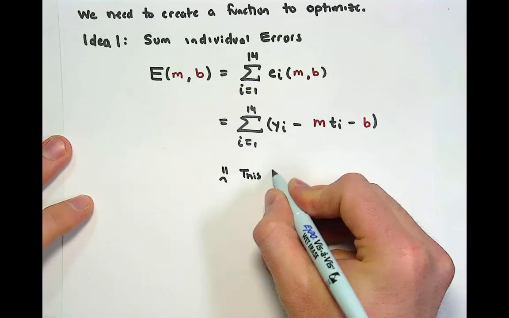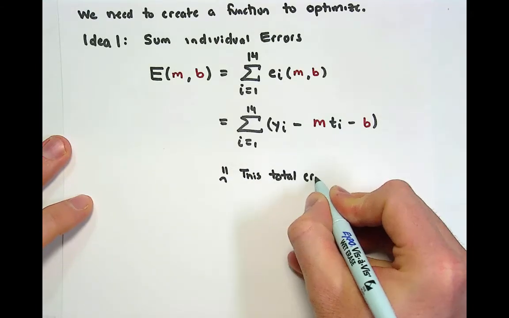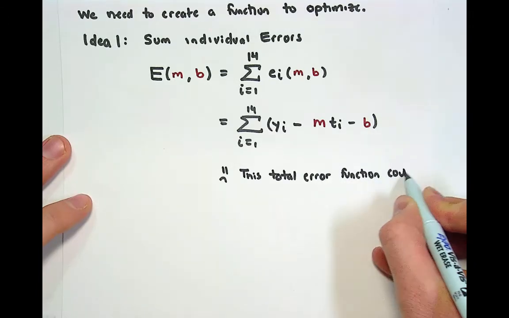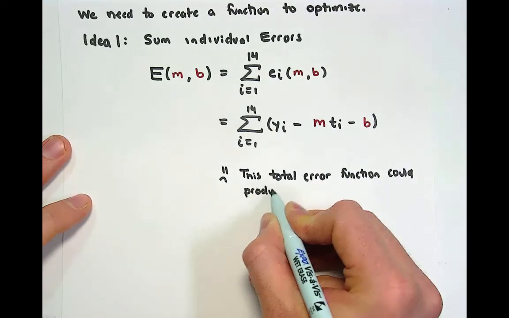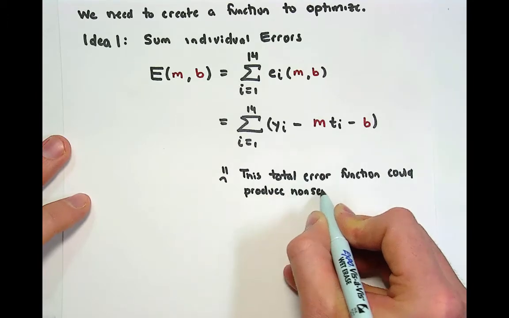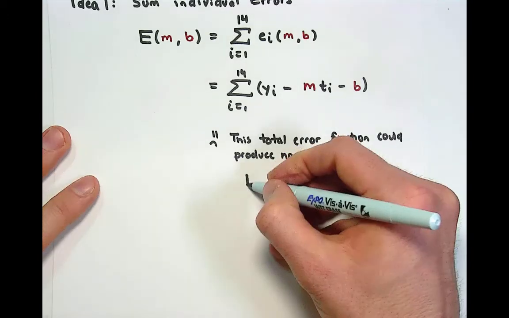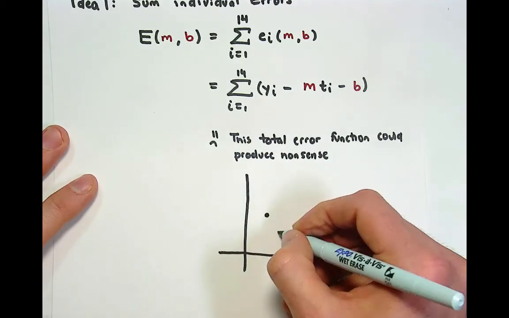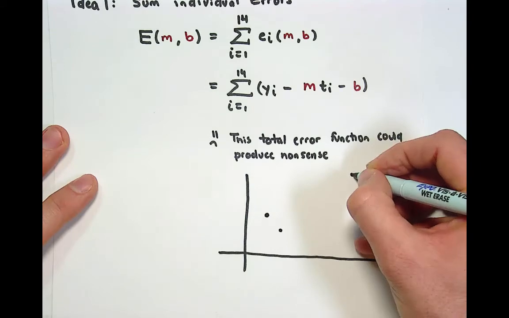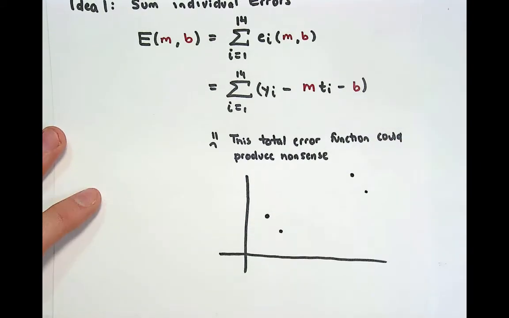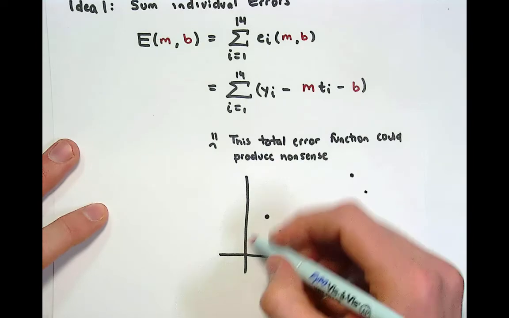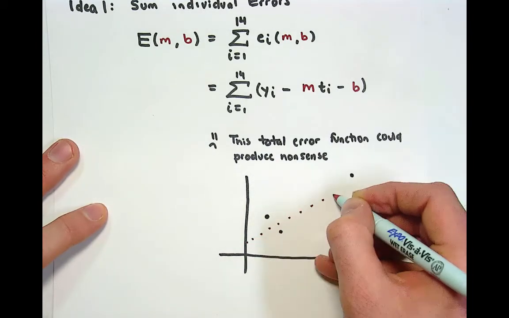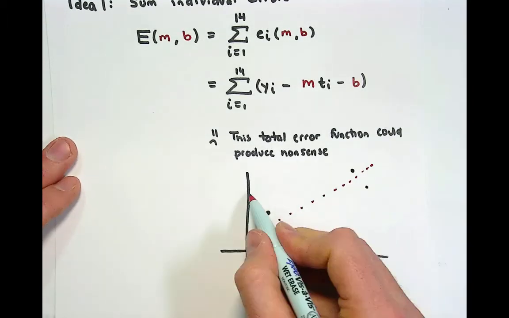This total error function could produce nonsense. In particular, when we go to minimize this, imagine we had a data set that looks like this. So you have maybe one here, one here, one here, one here. And you say to yourself, well, it really should be something that looks like this. It should be increasing linearly. So the model that I want should be increasing linearly.